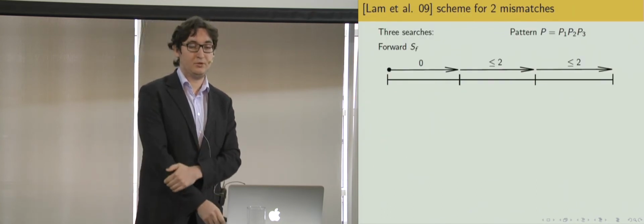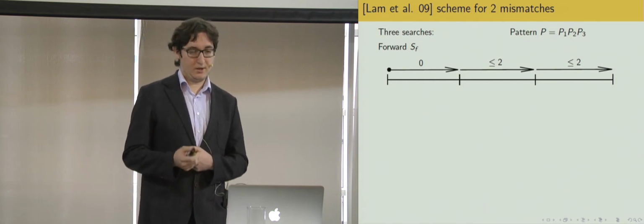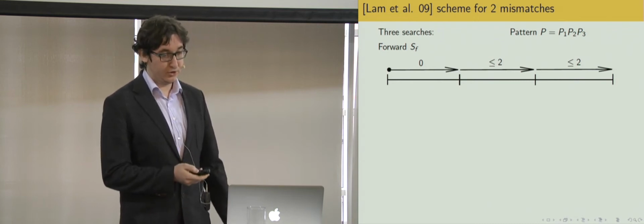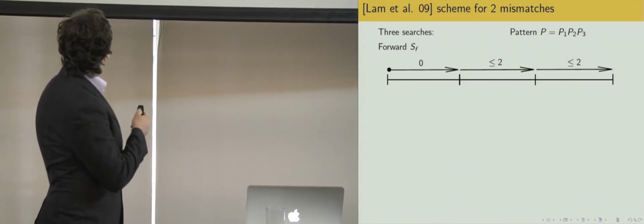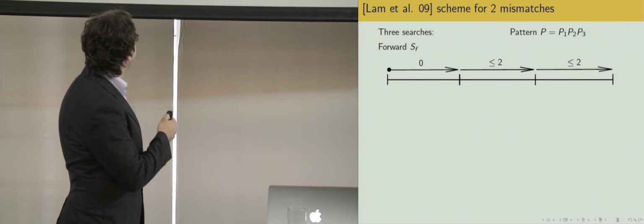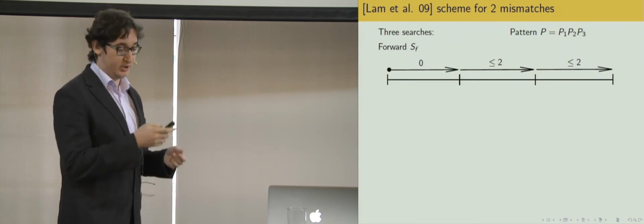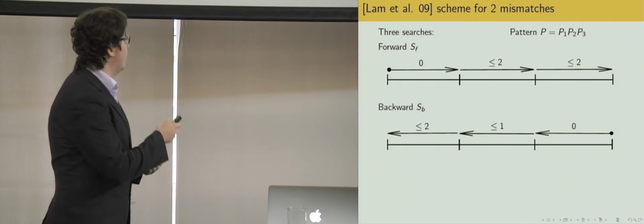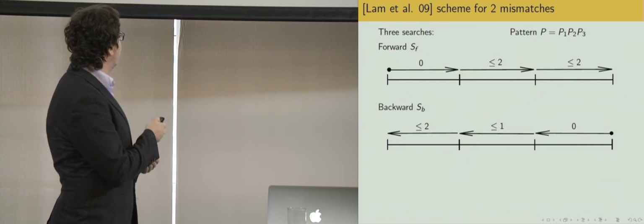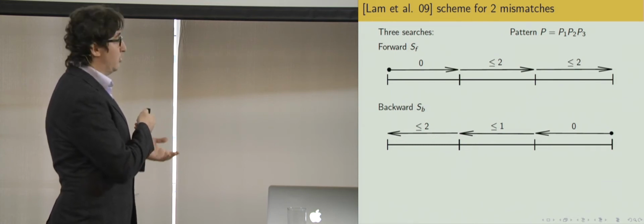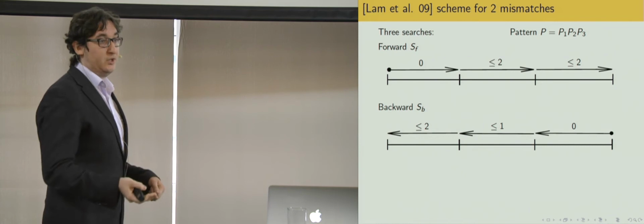Lam also suggested a search scheme for the two mismatch case. It consists of 3 searches. The first is a forward search: you start with exact matching of the first part and then continue to the right, allowing two accumulated mismatches. The second search is a backward search. You start from the third part, allowing no mismatches, then you continue with the second part, allowing one mismatch, or maybe 0, and then continue with the first part, allowing 2 accumulated mismatches.